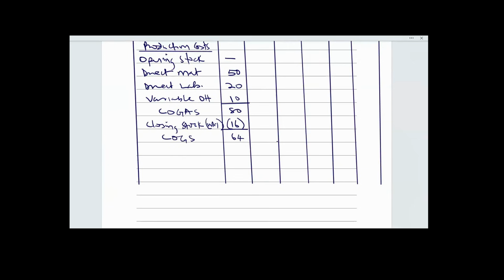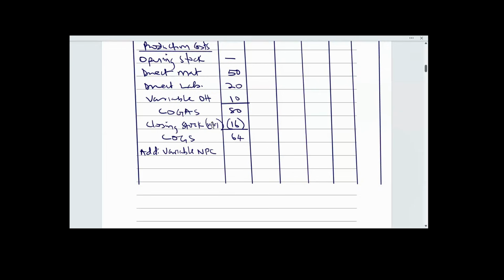Immediately after the cost of goods sold, you are supposed to add variable non-production costs. In the question, do we have any selling expenses?